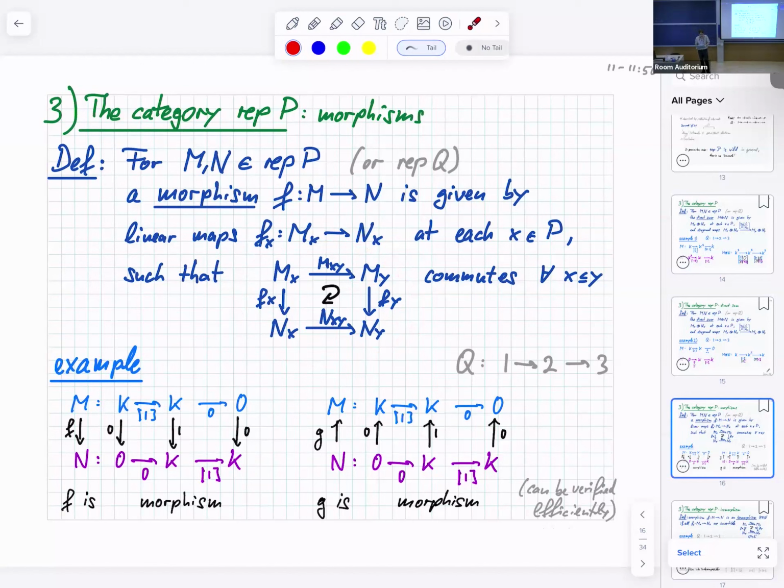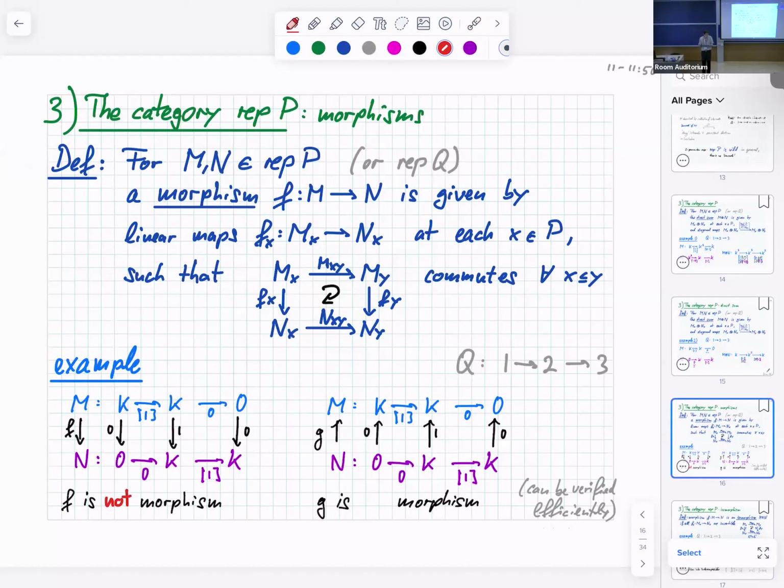Okay, good. So first question, is F a morphism? Please raise your hand. You're not very convinced. So we decided by democracy that this one is not a morphism.